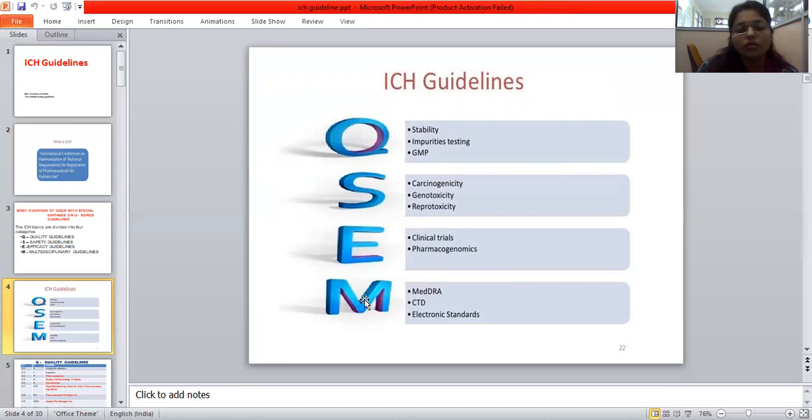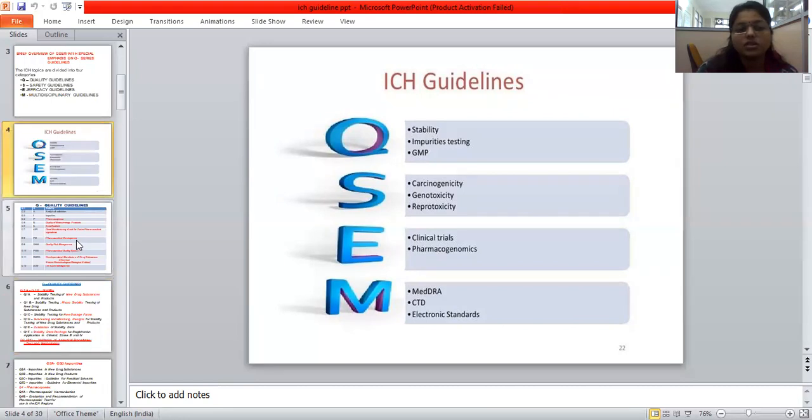For that, how to file the CTD, eCTD, and what is in MedDRA. Everything other than quality, safety, and efficacy, whatever remains, comes into the multidisciplinary guideline. So the ICH guideline is divided into four disciplines: quality, safety, efficacy, and multidisciplinary.